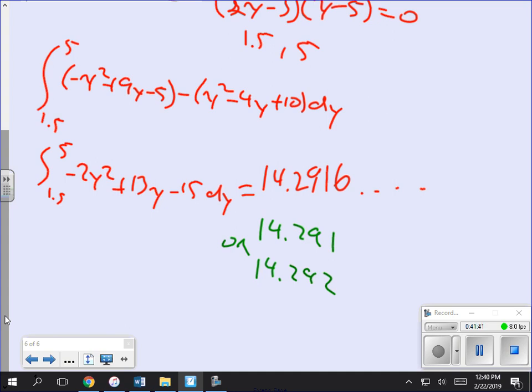If you see one, that means it's the same answer either way you answer it. You may always go more than 3 decimal places in your answer. So if you'd given 14.2916, you'd be fine. If you go less, if you said 14.29, you would not get the answer point on the AP exam.